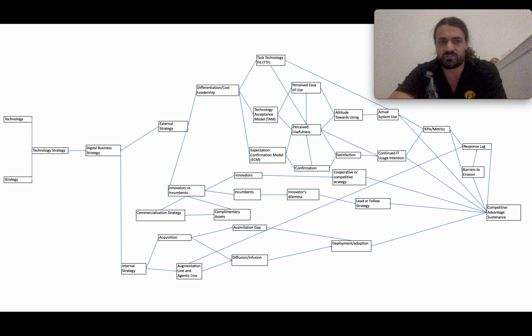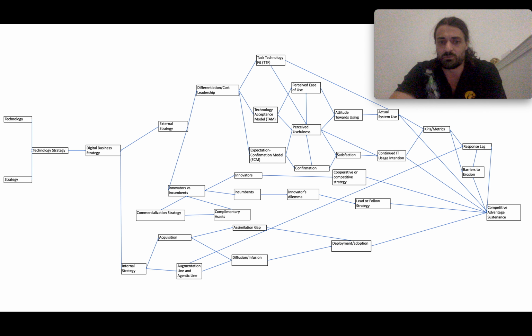So if we go back to the definition of digital business strategy, you have to have the technology as the foundation of your strategy. But I would take it further and say that you shouldn't only have technology as the foundation of your strategy, but you should have AI tools as the foundation of your strategy. So augmentation line and agentic line AI is very good for having AI tools infused into your organization.